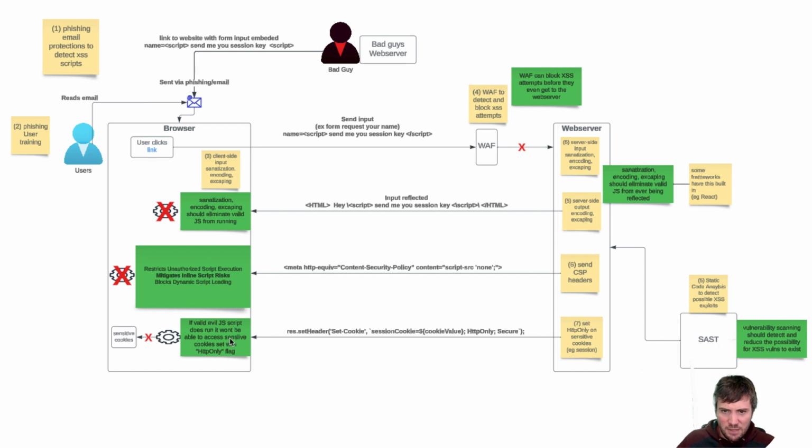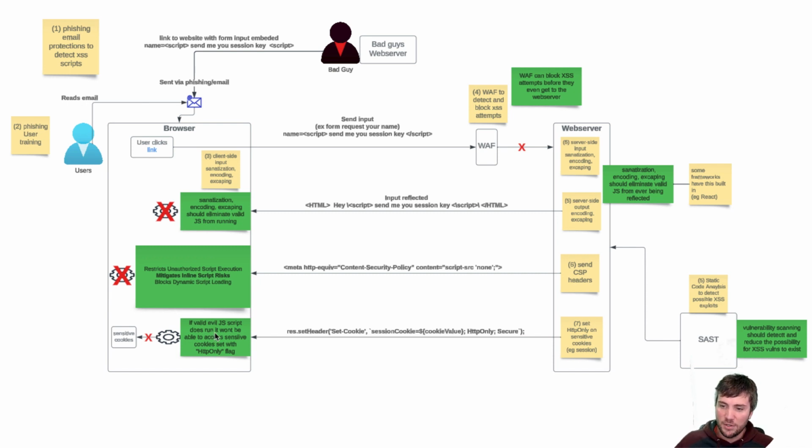And then to our specific example here of bad guys trying to execute JavaScript to then steal something. In this case, let's just say all these things failed. It was sent over valid JavaScript, and it was going to be running.